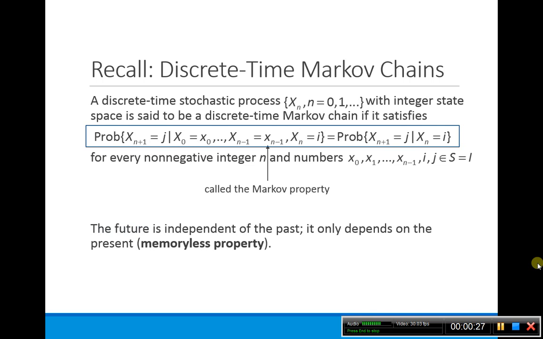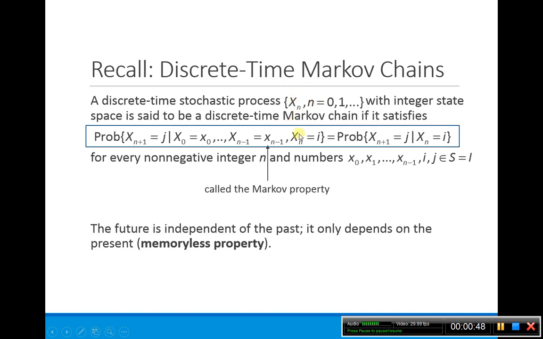So recall with discrete time Markov chains, basically a discrete time Markov chain was some kind of discrete time stochastic process in which you had this stepping variable n that went from 0, 1, 2, so you can think about your time going in increments of 0, 1, 2, etc., and your state space was integers.